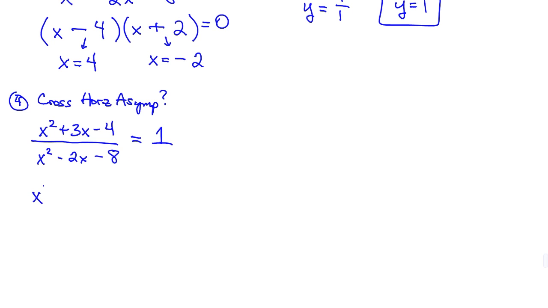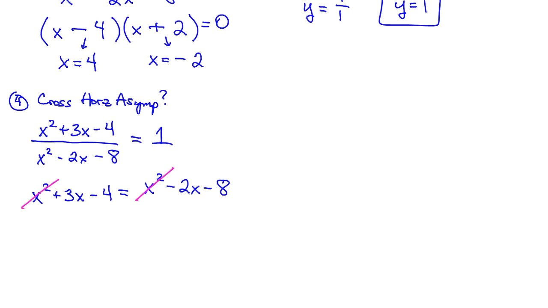So we get x squared plus 3x minus 4 is equal to 1 times x squared minus 2x minus 8. The x squareds cancel.